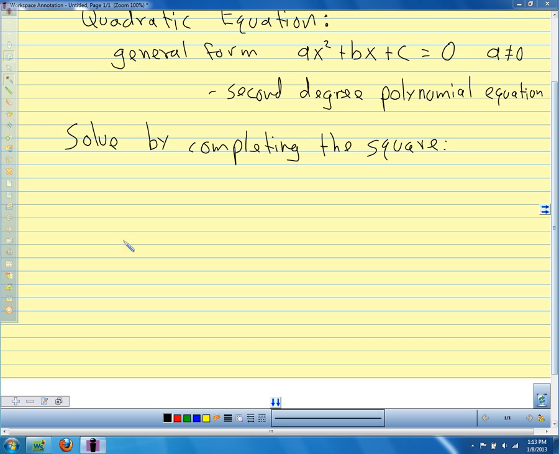If we have our equation set up like this, my first step, if a doesn't equal 1, so if a is some number other than 1, is to divide everything by a first.